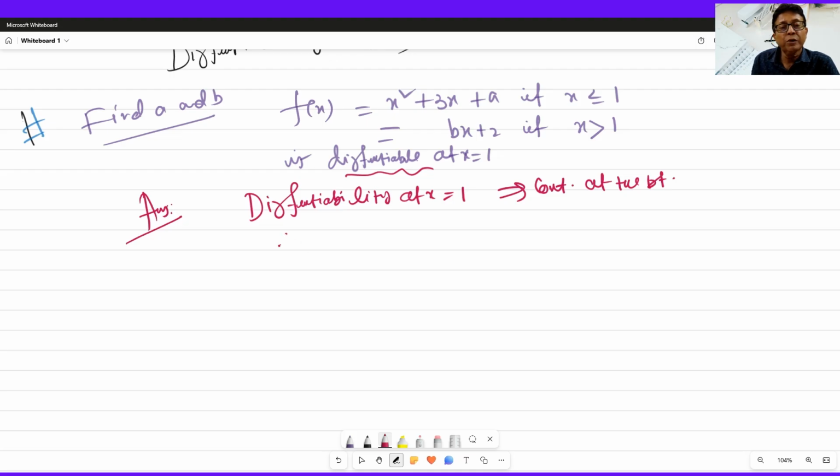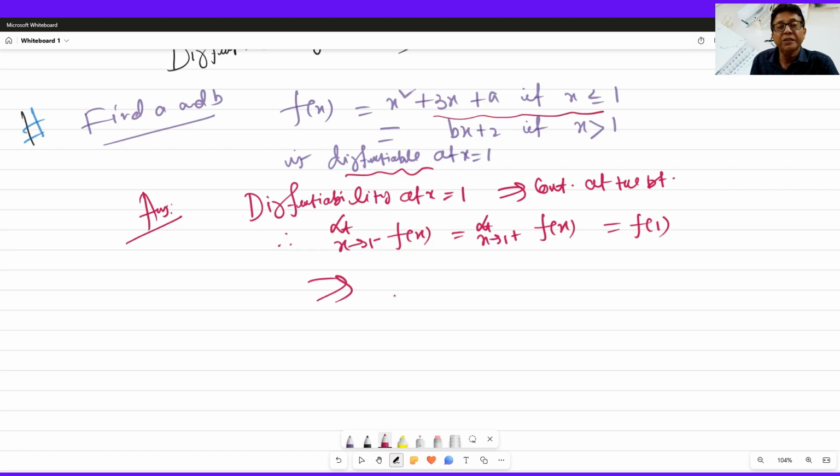So therefore, the limit as x tends to 1 minus of f(x), the left hand limit, equals the limit as x tends to 1 plus of f(x), which is equal to f(1). For 1 minus, which part do you take?